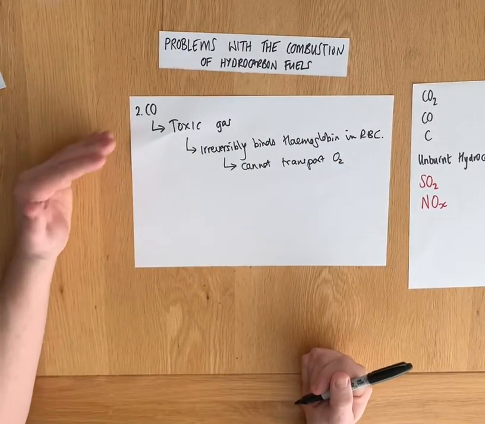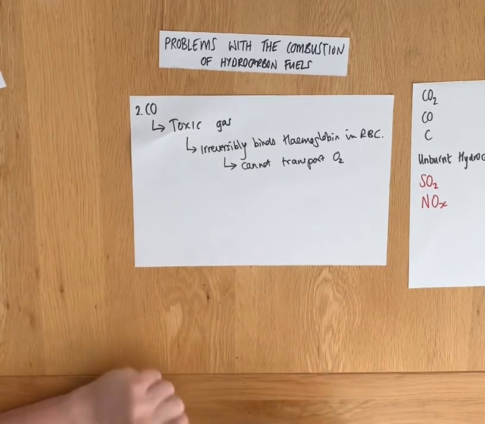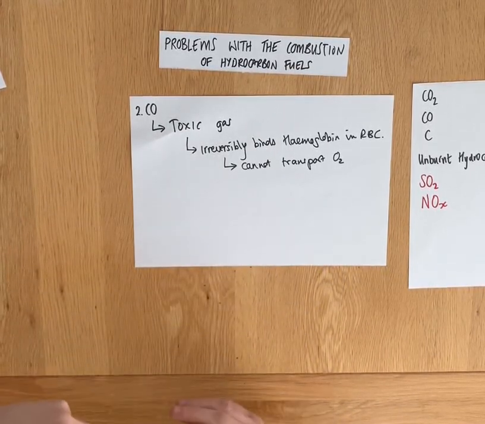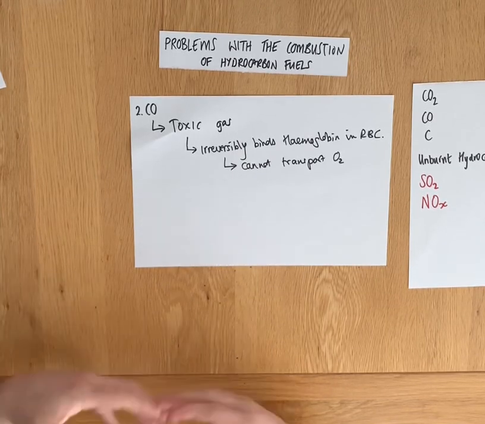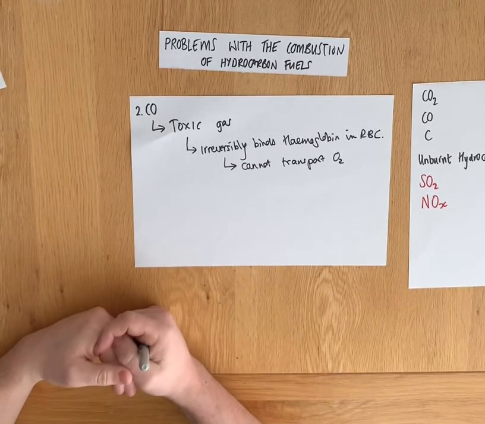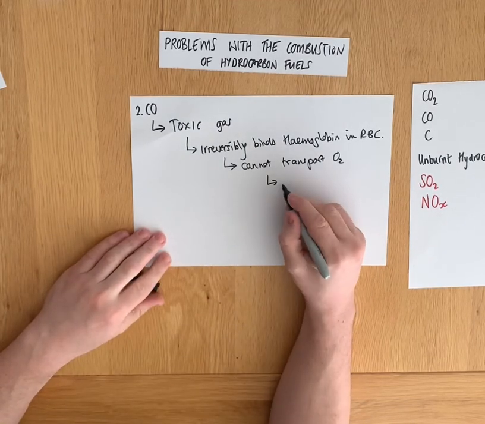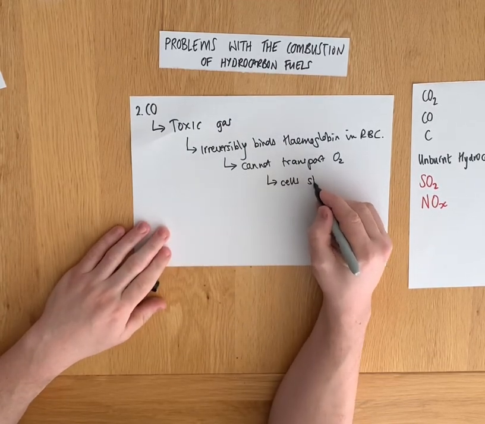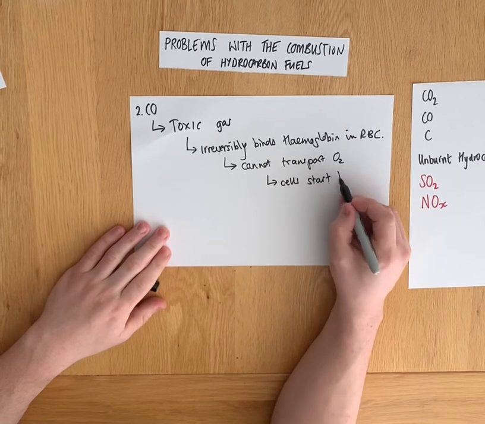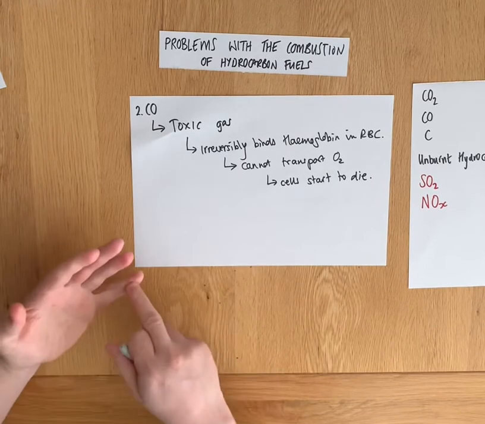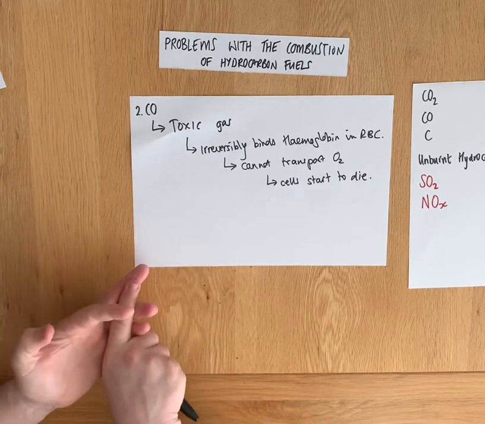So the more carbon monoxide that you breathe in, the fewer red blood cells you will have that can transport oxygen. If you can't transport oxygen around your body, cells start to be starved of oxygen, and then they will die. You will basically get a headache, you will fall asleep, and you will die in your sleep.